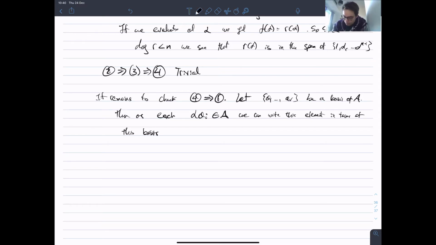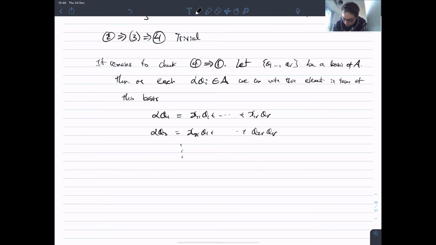So I end up with some system of equations. Alpha A1 equals x11 A1 plus up to x1r AR, and alpha A2 equals x21 A1 plus up to x2r AR, and so on, up to alpha AR equals xr1 A1 plus up to xrr AR.